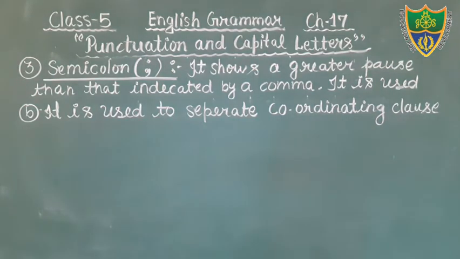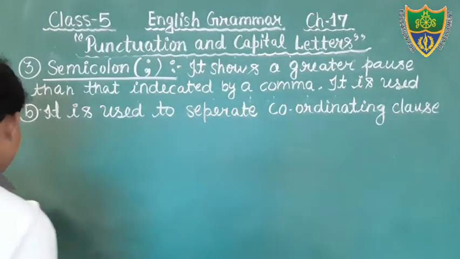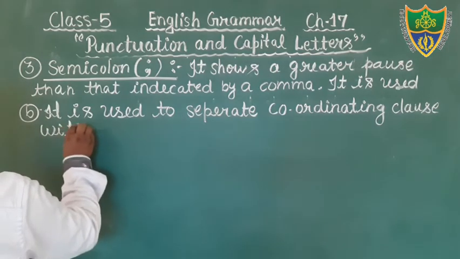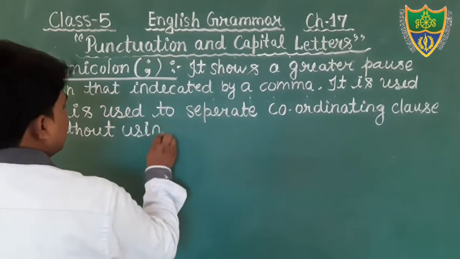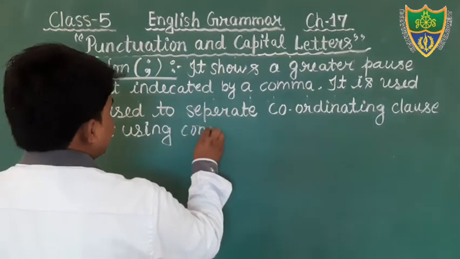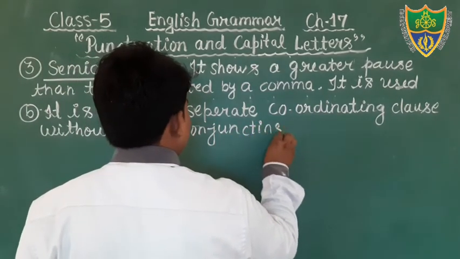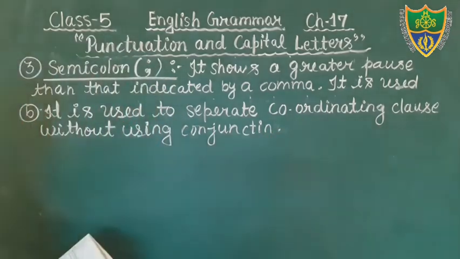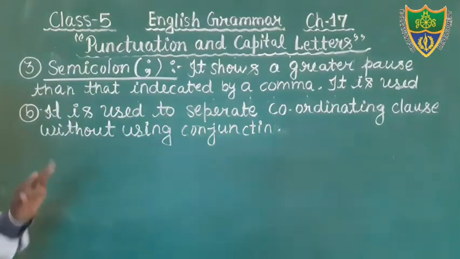Yes, it is visible to you. You will write all these rules in your copy. It is used to separate the coordinating clauses without using conjunction.